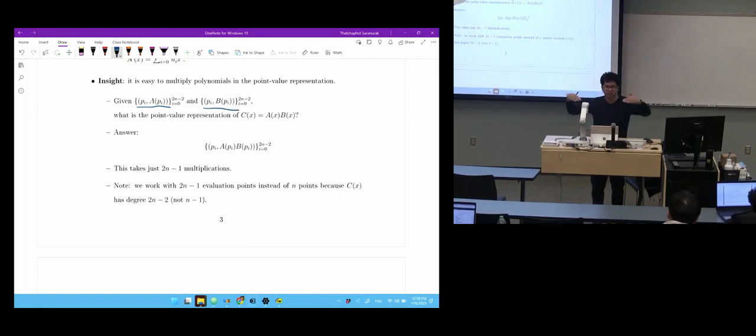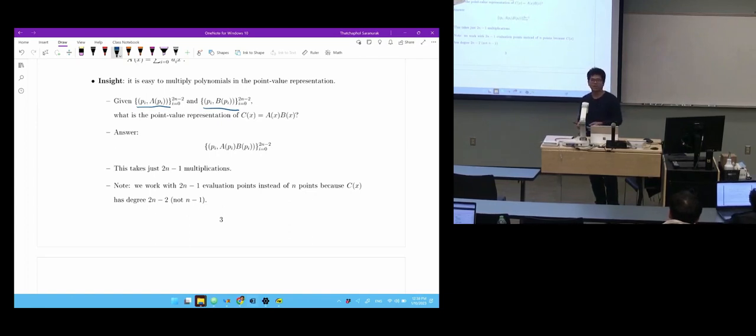I changed the representation of the input to point-value representation. Now I claim that this problem of polynomial multiplication becomes much easier.